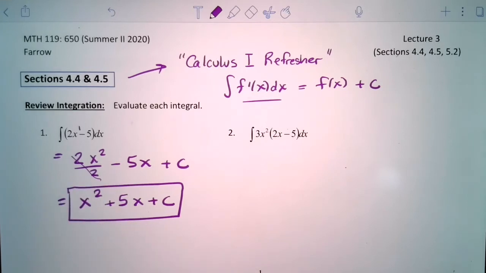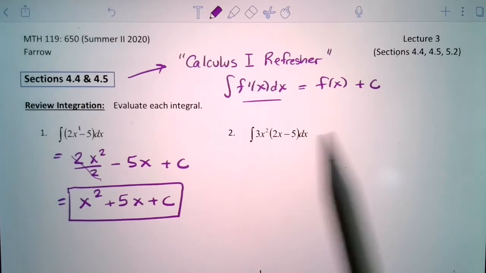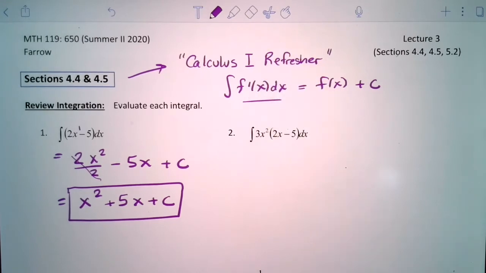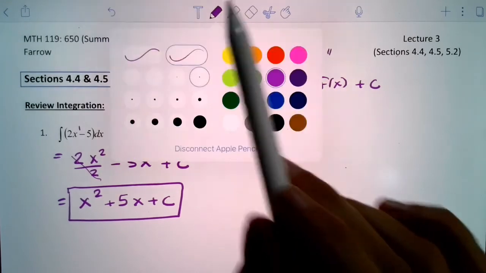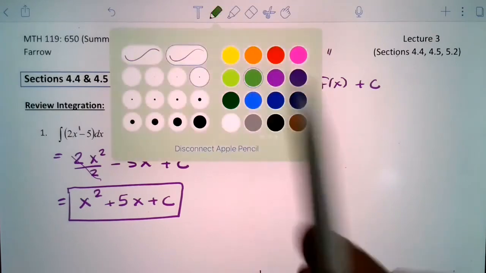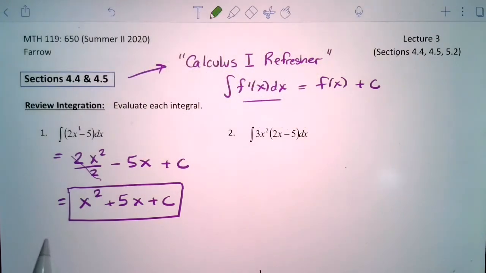And you can always check your work with this stuff. If you feel like, I don't know if that's right, let me just see. You can always use this as a little trick for yourself. You can always take the derivative of that final answer from your integral. Don't forget about this. Take the derivative of that, and then you end up with the original statement.